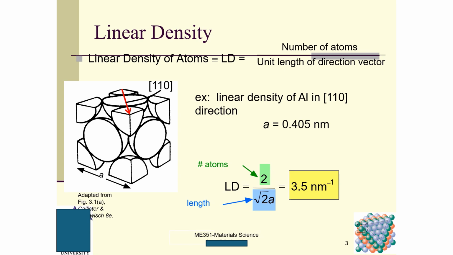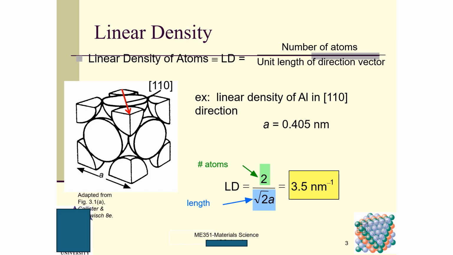Any questions so far? One thing I want to emphasize is that the unit of this linear density is nanometer to the minus 1. That means, for example, 3.5 per nanometer. This is kind of strange, okay? But based on understanding, you should know that. The unit of the numerator is a number, that means it does not have a unit, just a number.